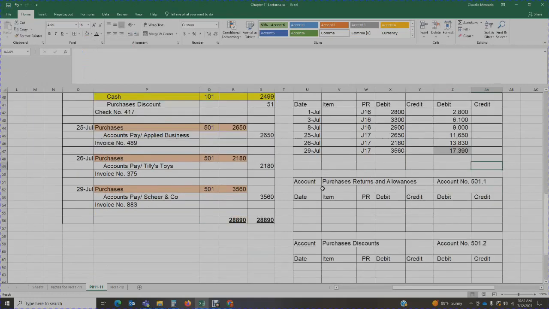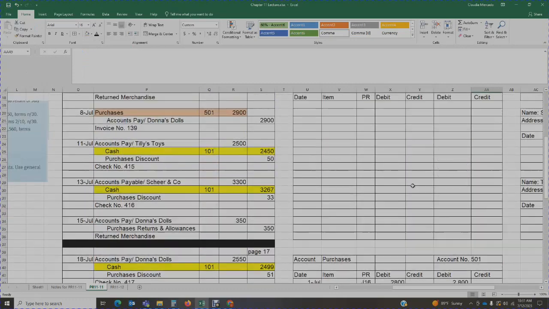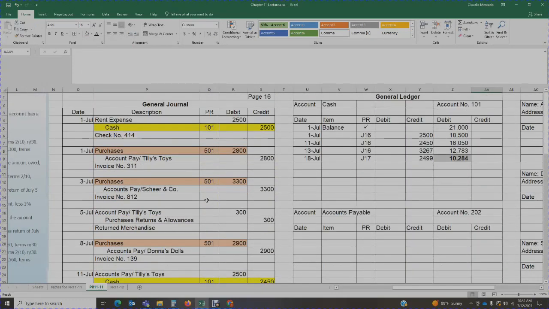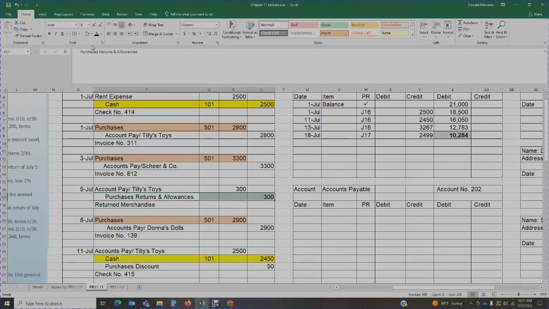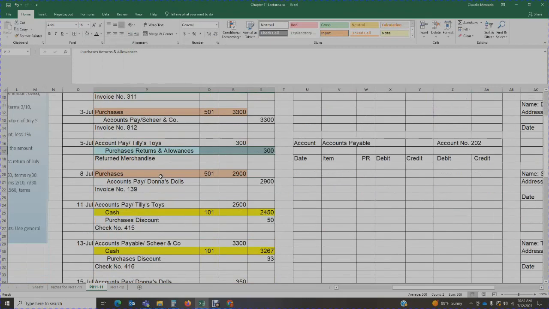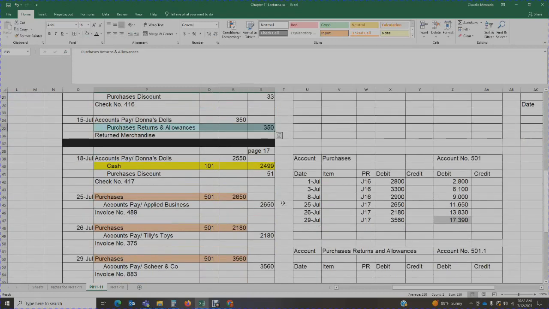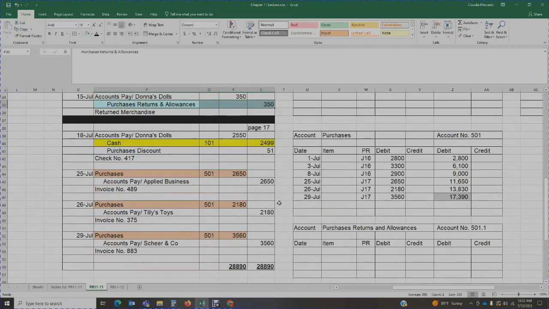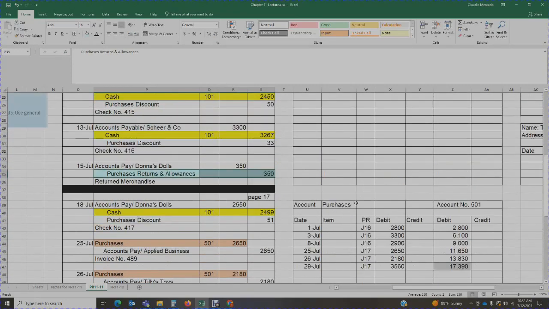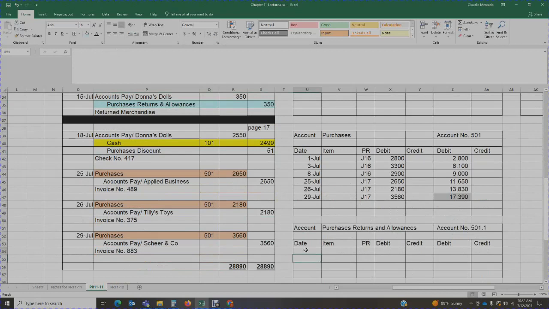Now we're going to locate purchases, returns, and allowances. Right here we have another one, and that is it. So we have 2 entries for purchases, returns, and allowances.